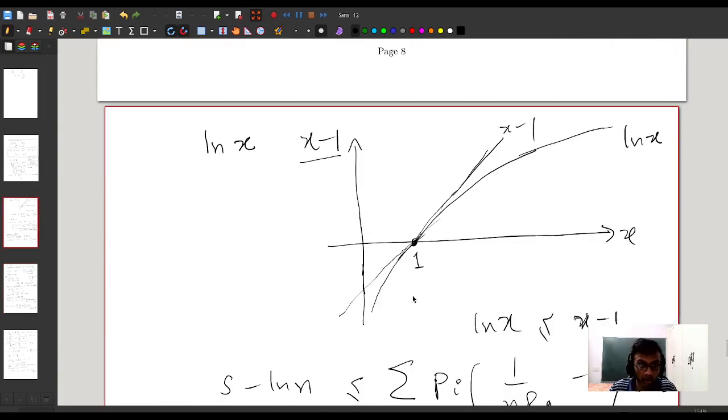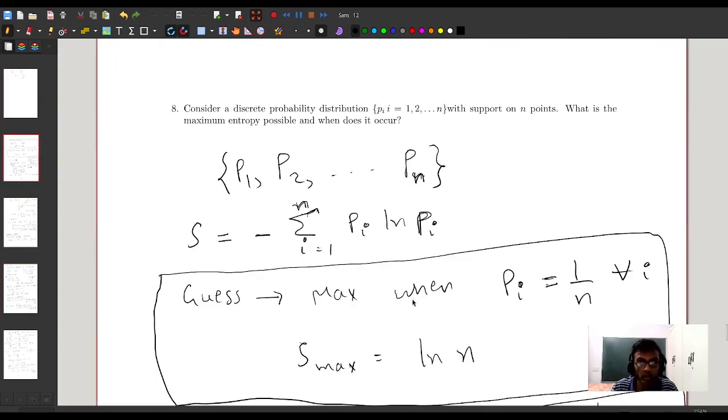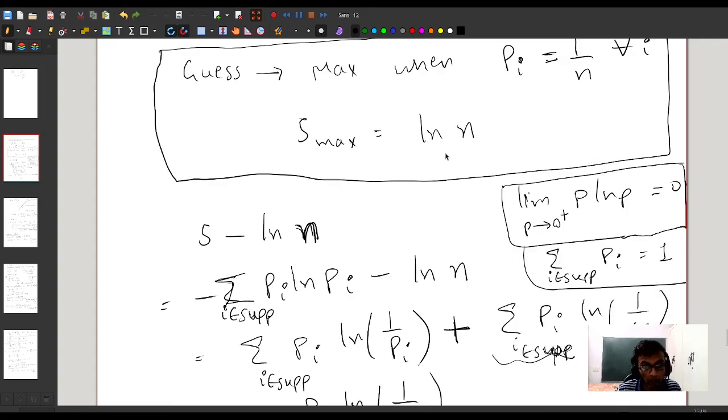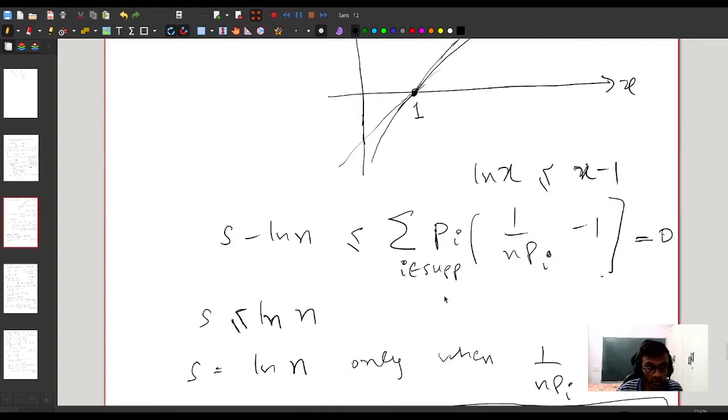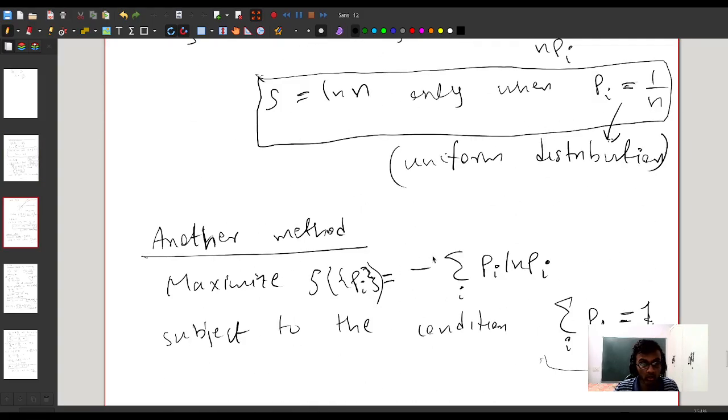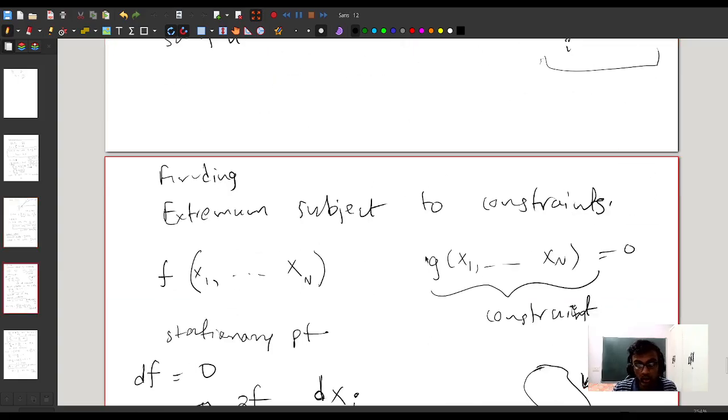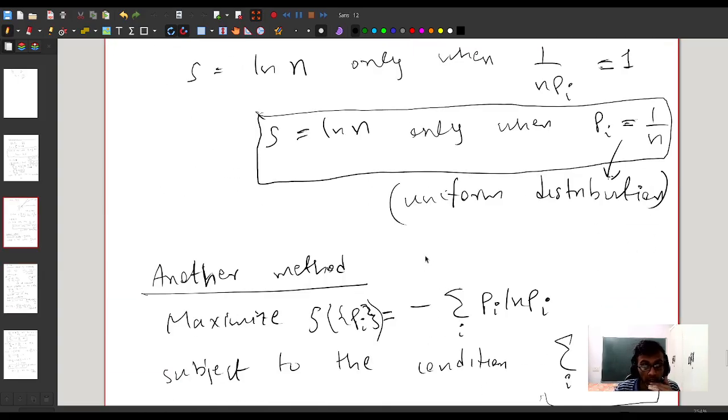To summarize this last problem, we have found that the uniform probability distribution is the one that maximizes entropy, of course with no other constraint, and we saw that in two different ways. This finding does agree with the intuitive guess that the maximum must occur at the uniform probability distribution.